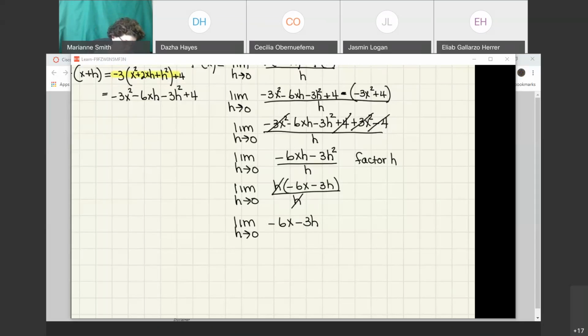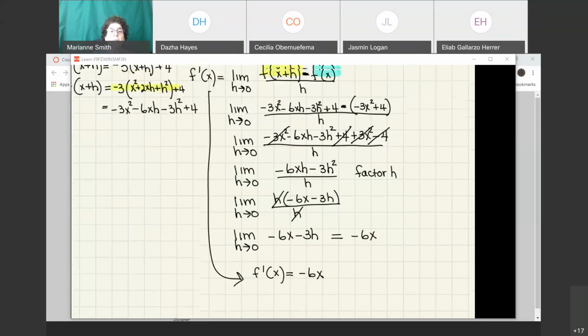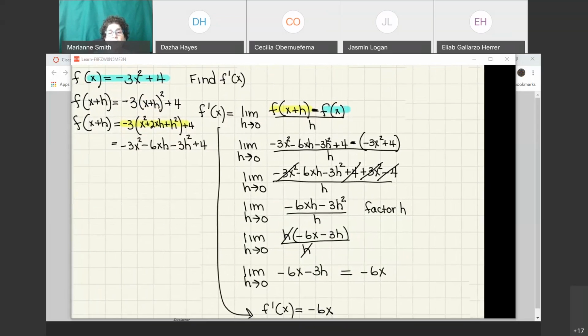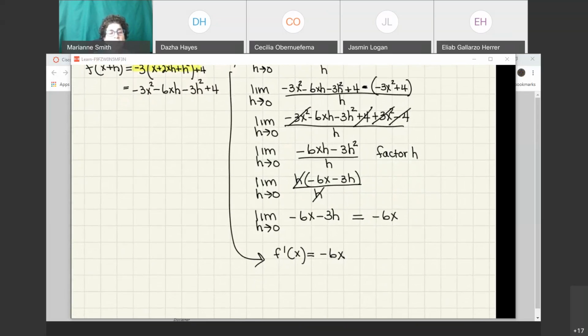Yeah, this just goes to 0. Okay, so essentially, if you take the limit, this equals negative 6x. Okay, and think about it. What did you want? You wanted f prime of x. So you started with this quadratic f of x, and f prime is a linear function.